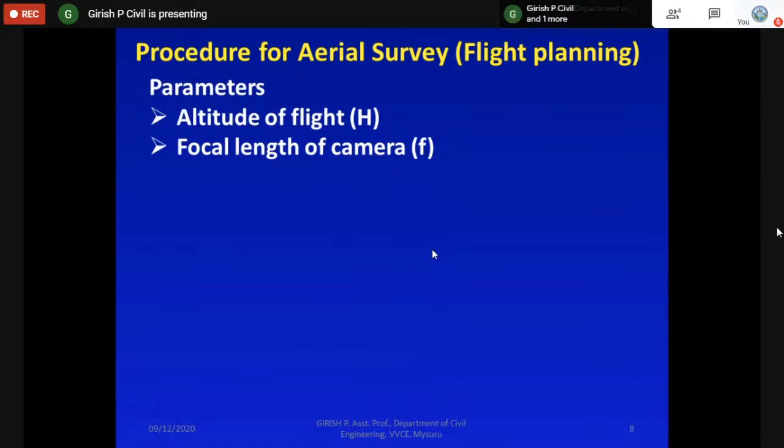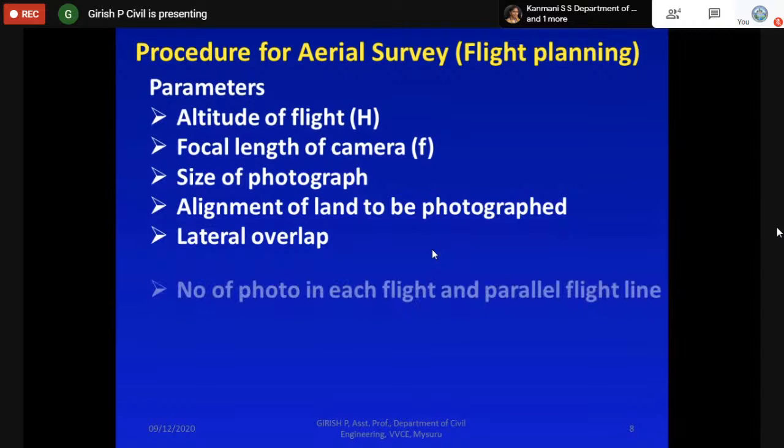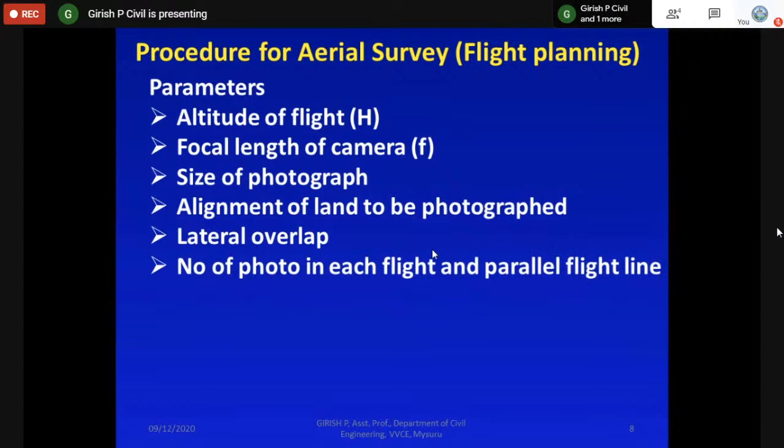The parameters considered are: altitude of flight, denoted H; focal length of the camera, denoted F; size of photographs, that is, the size of the area to be covered; alignment of the land to be photographed; lateral overlap, which depends upon the deviation angle; and the number of photos in each flight and parallel flight line.